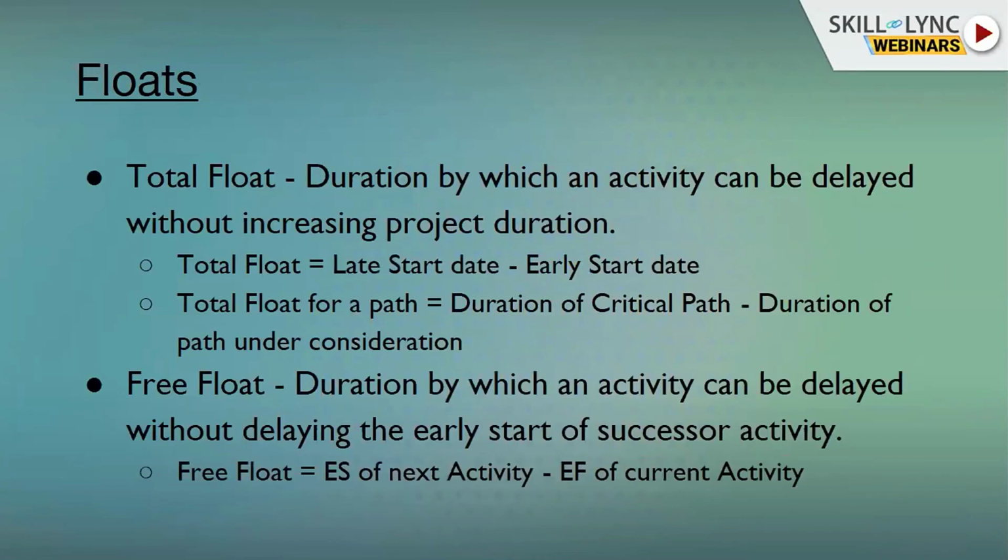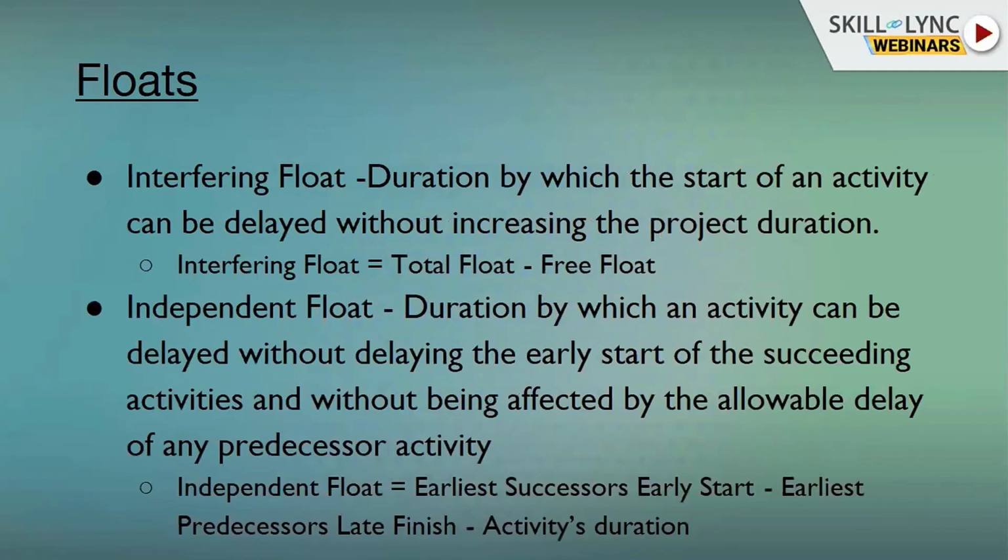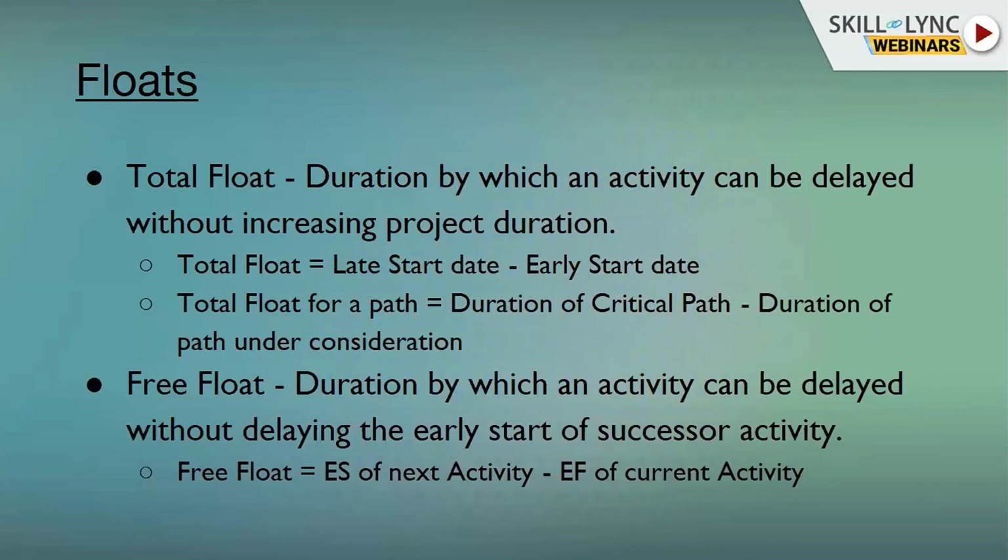Now we'll be discussing some of the important concepts that are used to analyze the project or the critical path. First is the floats. There are four types of floats: total float, free float, interfering float, independent float. Total float is the duration by which an activity can be delayed without increasing project duration.